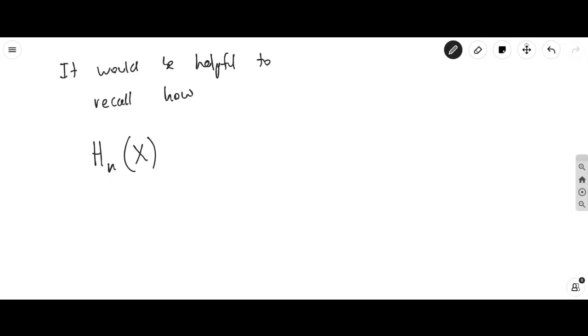To do this, we can just focus on dimension 1, because it's easier to draw pictures. But the same kind of definition works in all dimensions. So how is this defined?